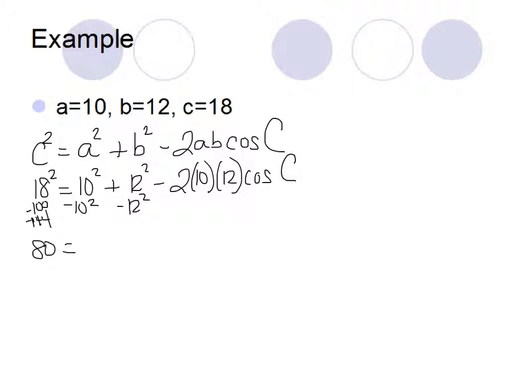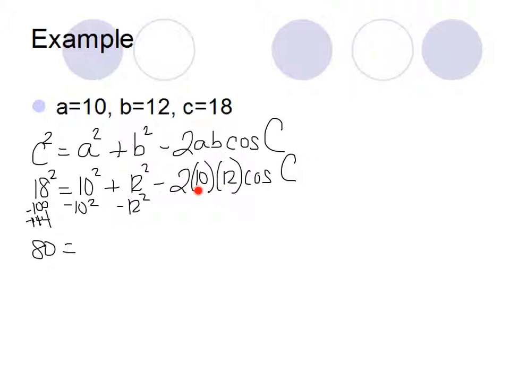And that's going to equal, now be careful how you do your algebra on this. This is all one term. It's all being multiplied together. So I'm going to go ahead and take the negative 2 times the 10 times the 12.